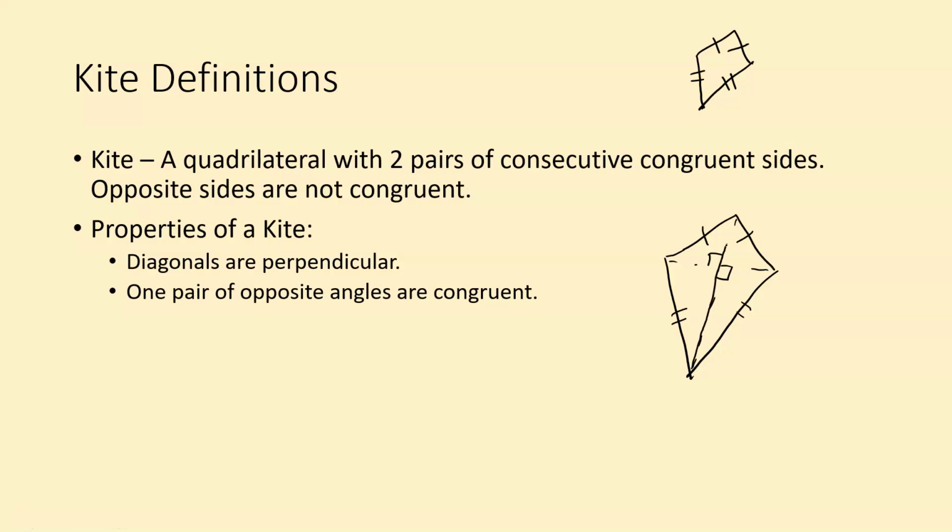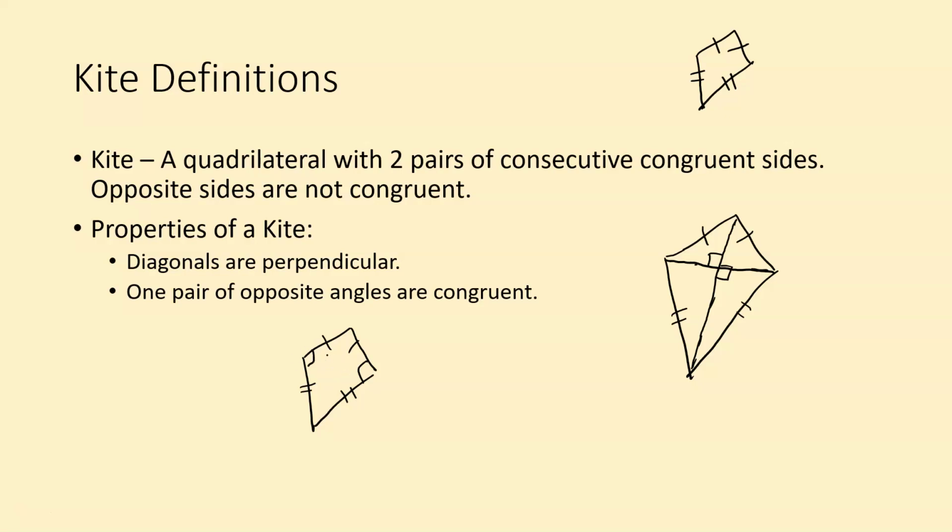And then also another property is that one pair of opposite angles are congruent, and that would be this angle and this angle. These are congruent to each other.